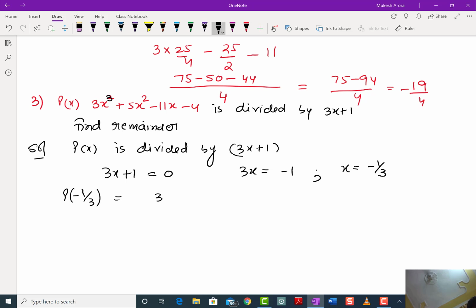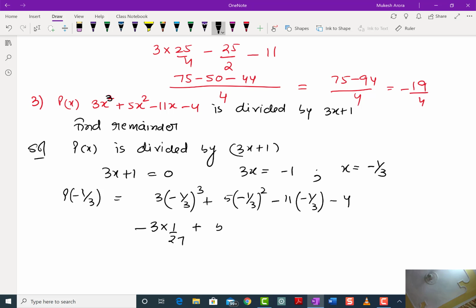So which is 3 into minus 1 by 3 raised to the power 3 plus 5 into minus 1 by 3 raised to the power 2, minus 11 into minus 1 by 3 minus 4. 3 into minus 1 by 27 plus 5 by 9 plus 11 by 3 minus 4.